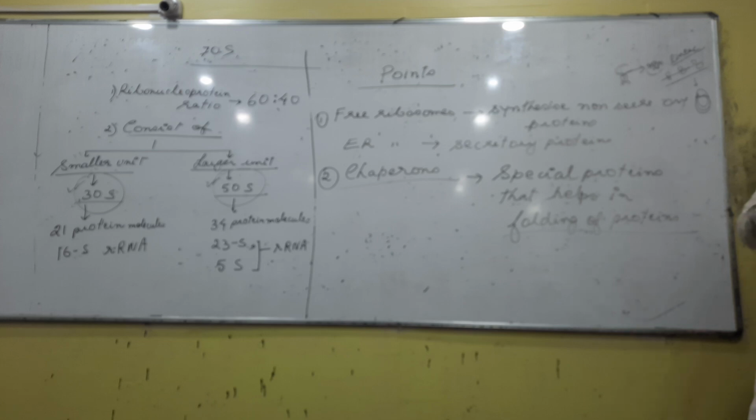So inside a cell, which protein forms a prion? The protein that was not folded, right? So if a protein does not develop a proper structure, then there might be chances that the protein would be dangerous to the cell and would act as a prion. Clear? Folding of proteins, biomolecular class, right? So this is all about ribosomes.